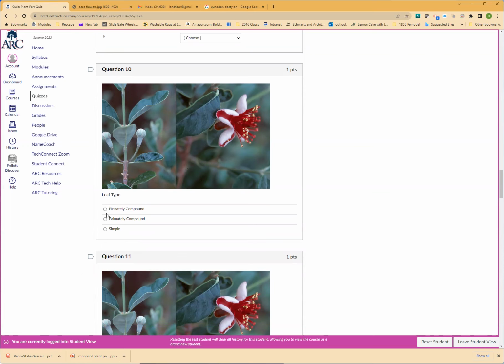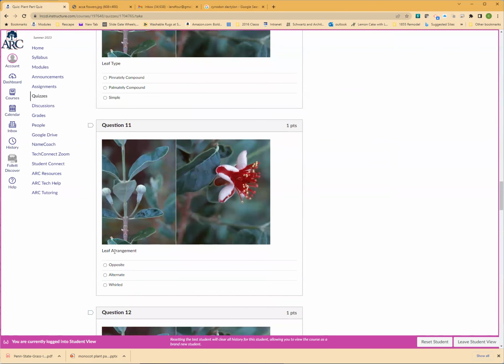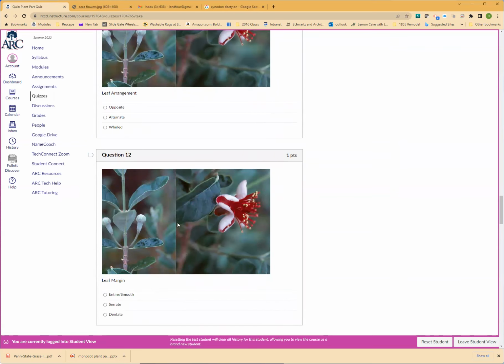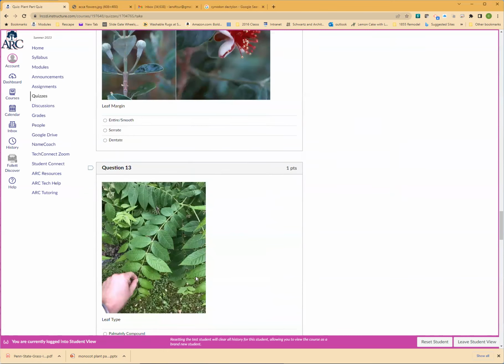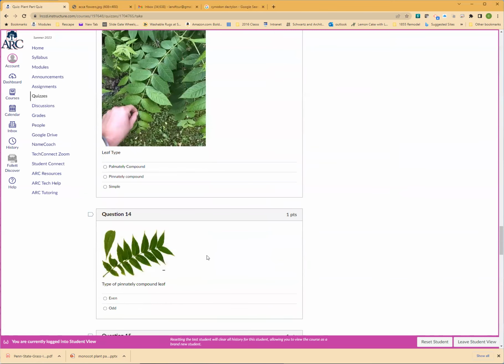So leaf type, you're going to select which one it is. Leaf arrangements, observe it, select which one it is. Leaf margin, observe it, select which one it is. Leaf type, observe it, select which one it is.